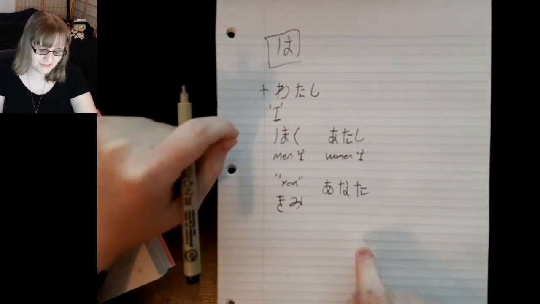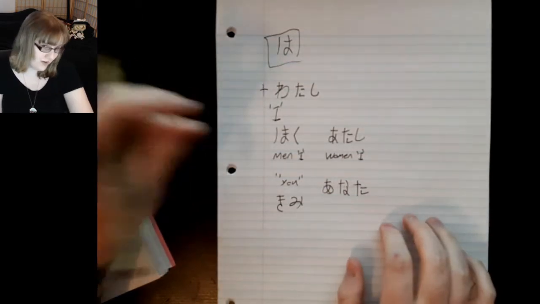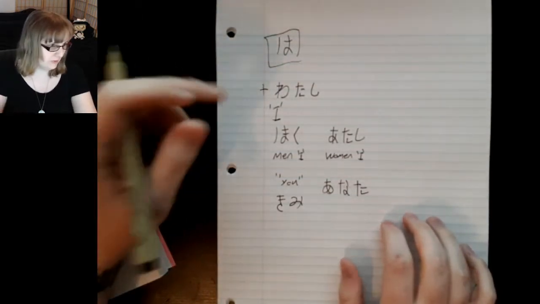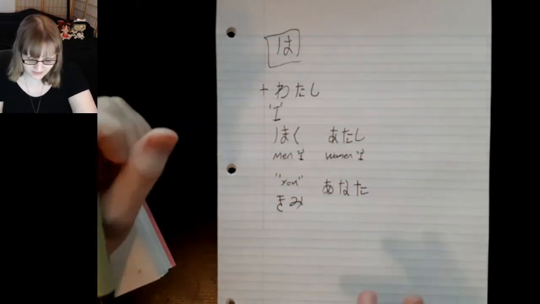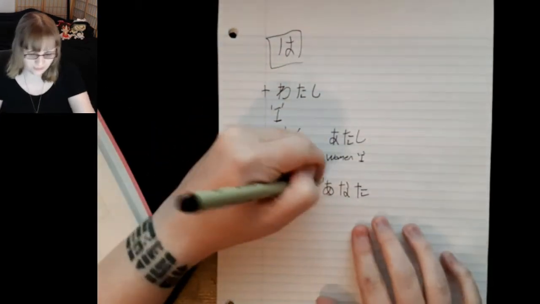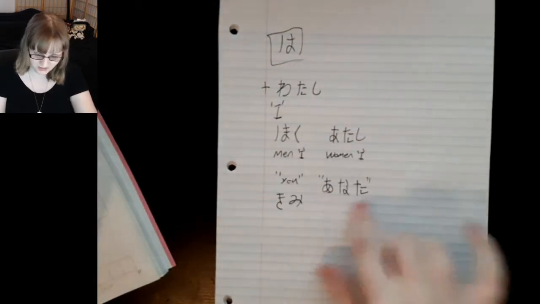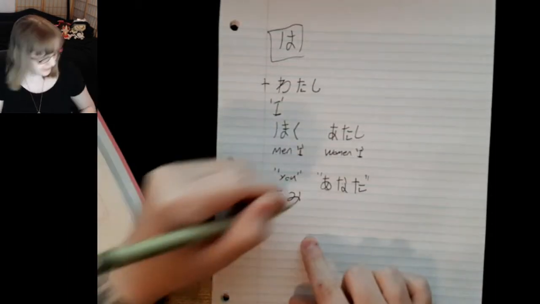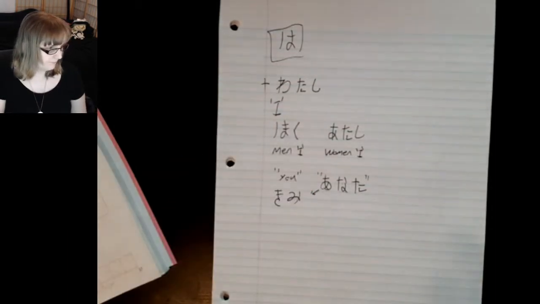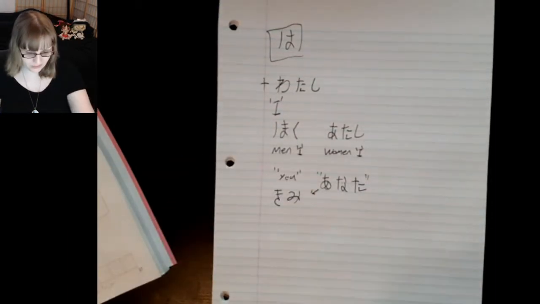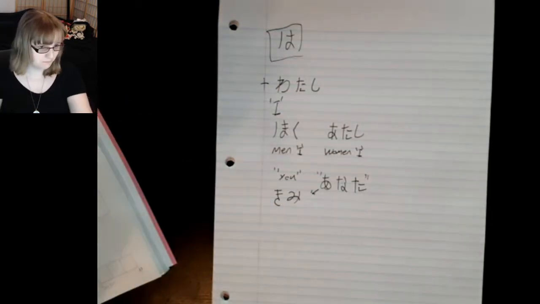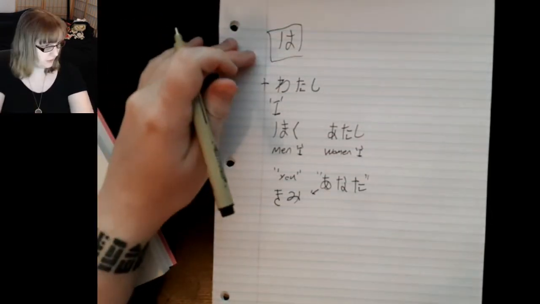It's something you'd say to a girlfriend, boyfriend, wife, husband. So, I don't recommend saying anata to other people in place of kimi. Kimi over anata any day. So, watashi to kimi. Me and you.